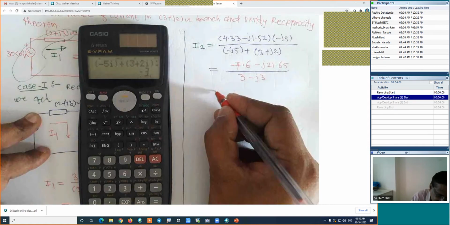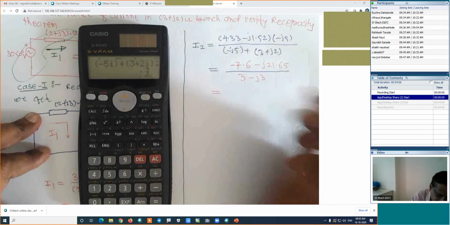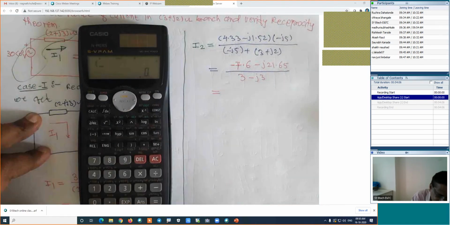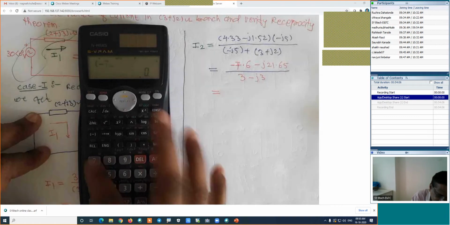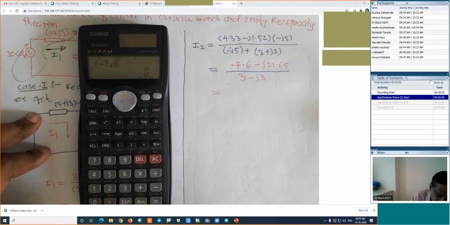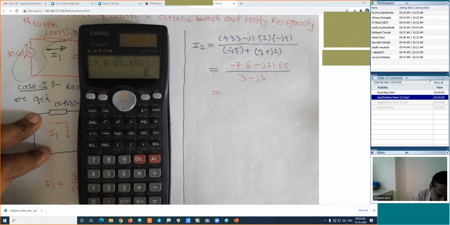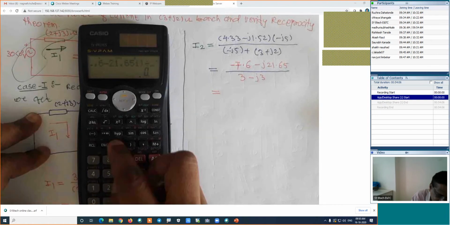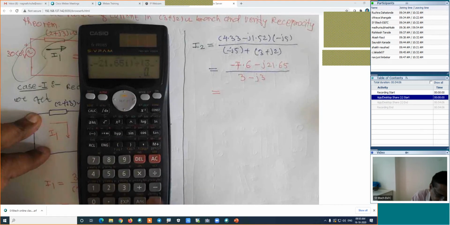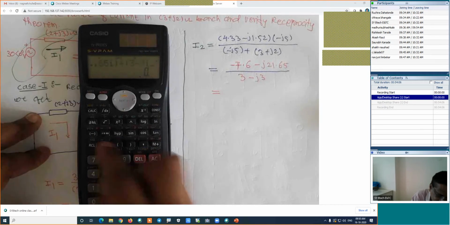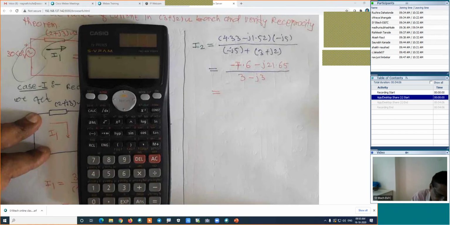Is it right? Now I will find this division: (minus 7.6 minus J21.65) divided by (3 minus J3) is equal to, the real part is 2.34.